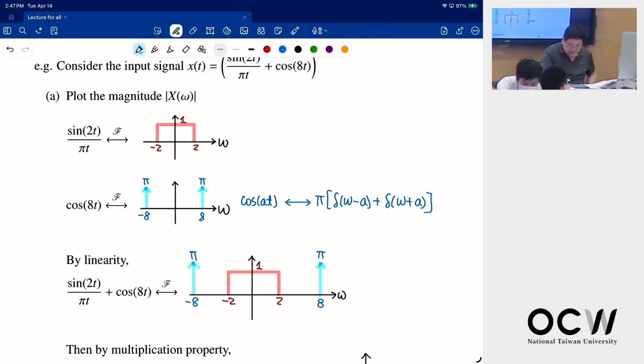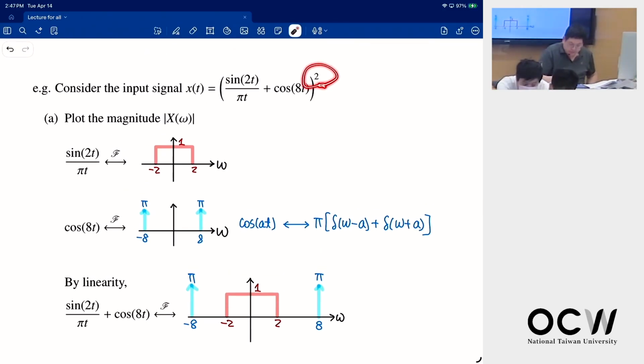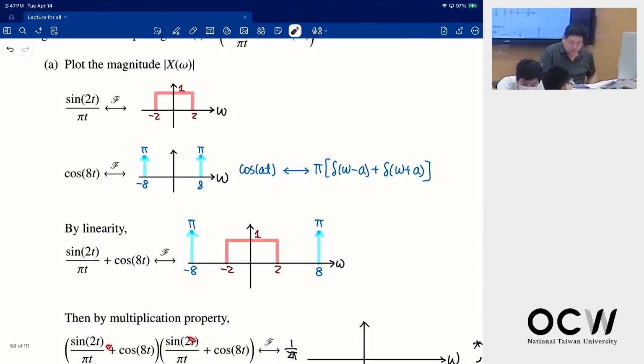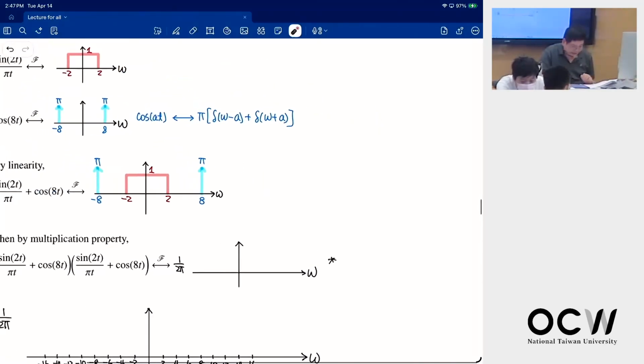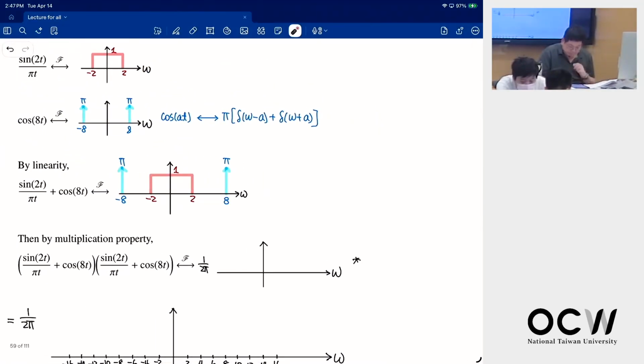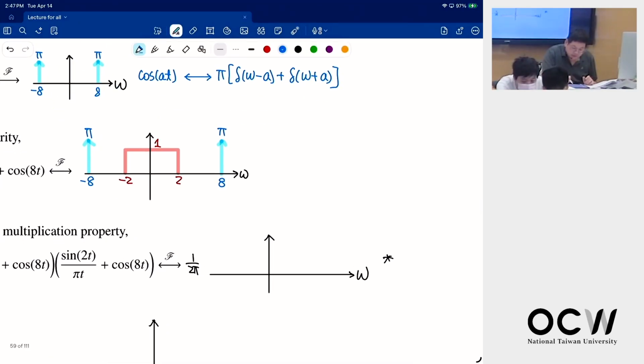Now let's see, because we need the square. The square means that I need to multiply this together. If I want to multiply A times A, in frequency domain, I'm doing the convolution. So actually I'm doing the convolution. Let's quickly plot this.